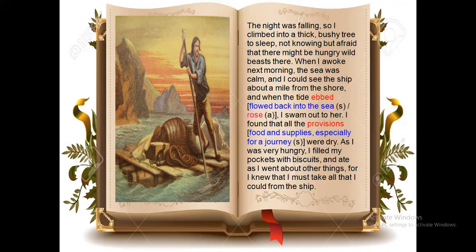That means food and supplies, especially for a journey. So those food and supplies were dry. As I was very hungry, I filled my pockets with biscuits and ate as I went about other things, for I knew that I must take all that I could from the ship.